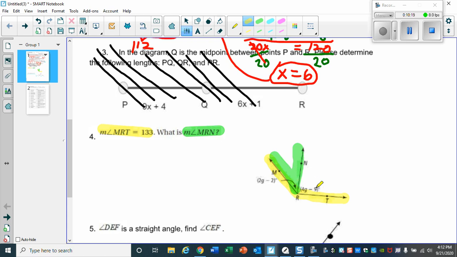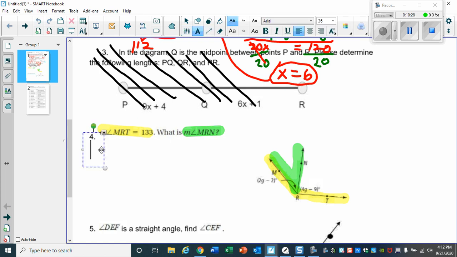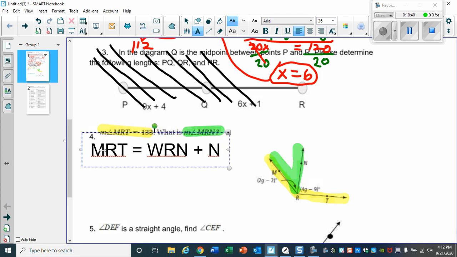However, we do need the other part because we know that this is now the angle addition postulate, where, given the picture, MRT equals MRN plus NRT.